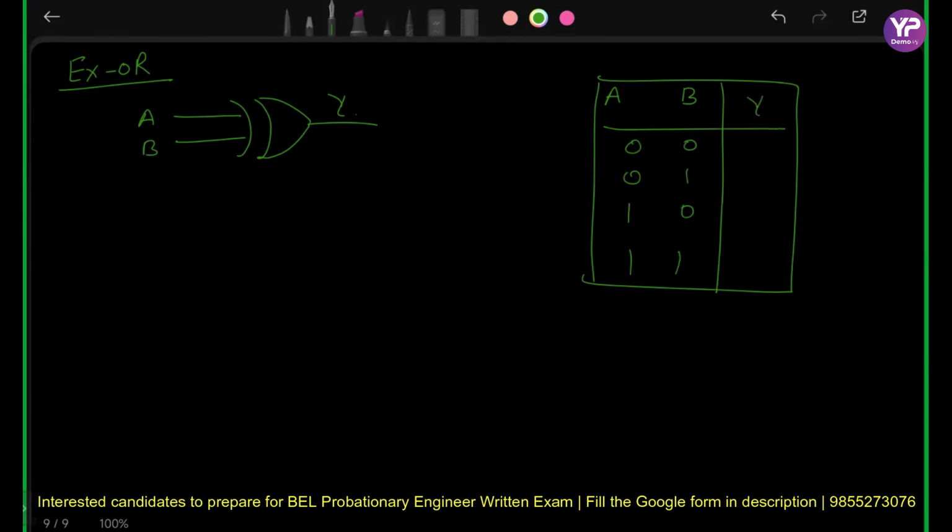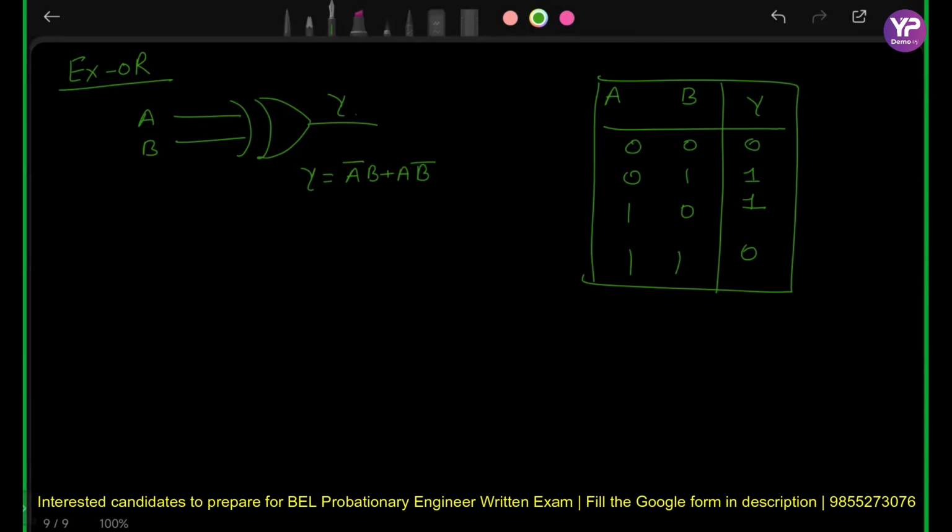The output Y is going to be 1 when both the inputs are different. Whenever at the input you have 0 1, meaning both inputs are different, the output will be 1. The logical expression for the output is A bar B plus A B bar. This is the logical expression of the output of an XOR gate.